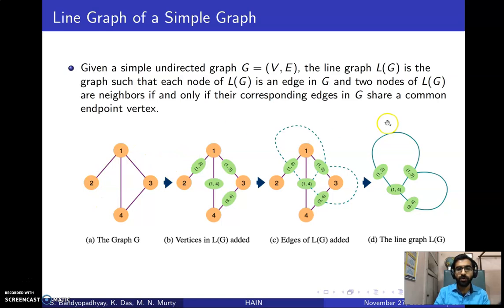So that's how we form this line graph of this given simple graph. Now the concept of line graph for hypergraph is also quite similar. For each hyperedge, we create a node in the line graph, and 2 nodes are connected by an edge in the line graph if the corresponding 2 hyperedges in the given hypergraph share at least one common hypernode.